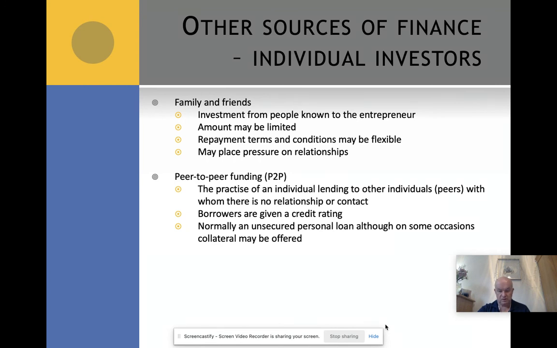So, for instance, if you were talking about some sort of peer-to-peer funding, you might say, well, if you do choose to invest in a particular idea or concept, then we'll offer you discounts when we finally bring the prototype to market. So there are some deals to be done as far as that's concerned.